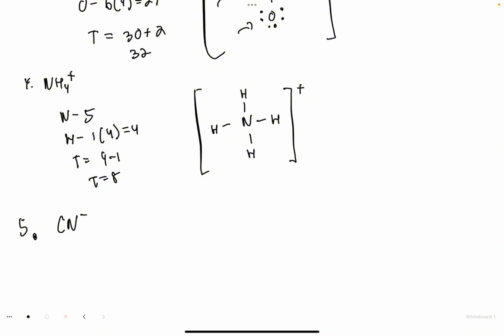In this case, we have 8 valence, and we only needed 8, and so we're okay. Because we have 2, 4, 6, 8, and since hydrogen only needs 2, we have the brackets, and we also have that hydrogen only needs 2.